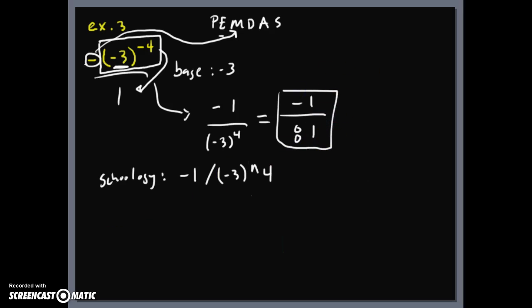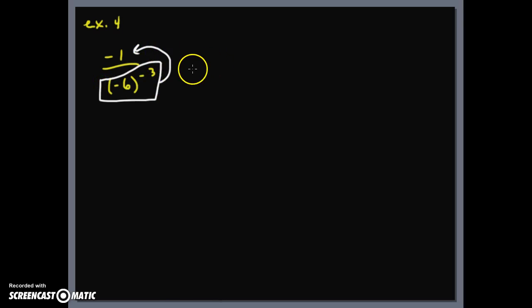Two more examples filled with lots of negatives. So here again we have negative 1 divided by negative 6 to the negative 3rd power. Let's go ahead and take the base. Right now the base is a negative 6 because the negative is inside the parentheses. And we need to convert it to a positive, so we're going to flip the base into the numerator.